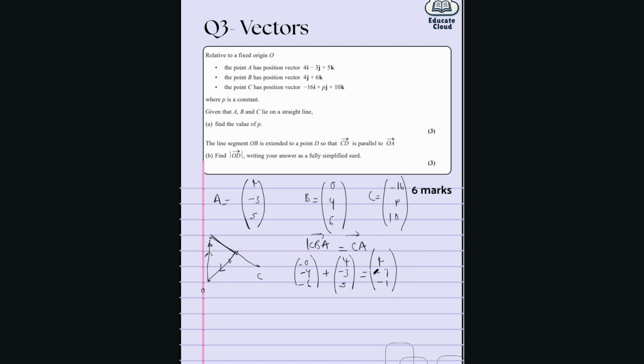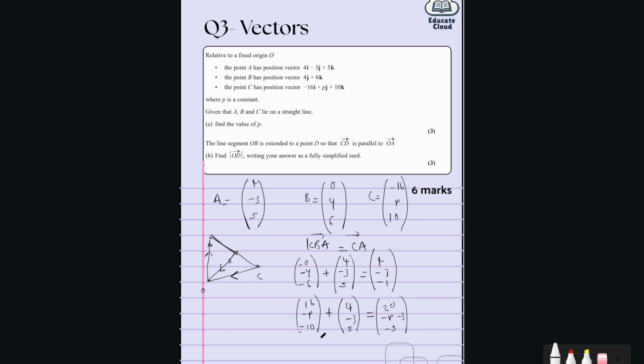Okay? So that is for BA. And to find CA, we are going to do the negative of OC. So that would be 16, minus p, minus 10, plus A, which is 4, minus 3, 5. So that will be 20, minus p minus 3, and minus 10 plus 5, so that's minus 5.